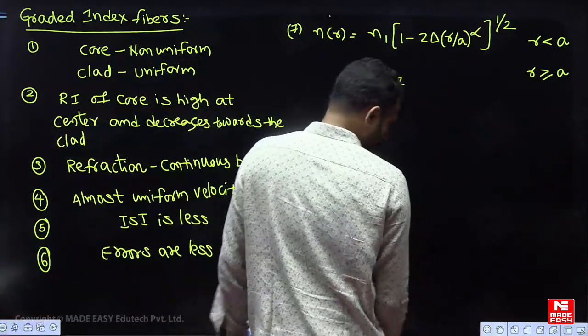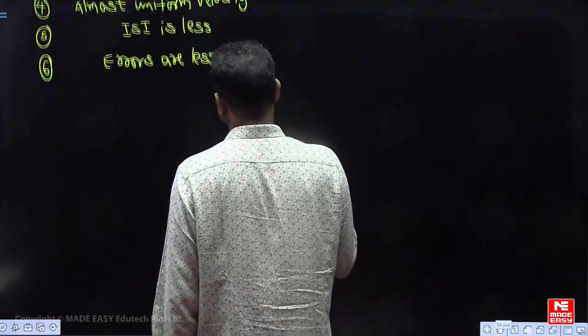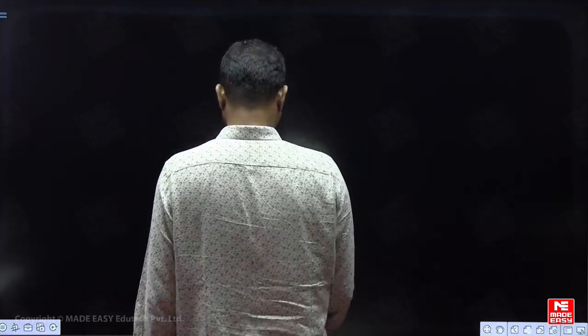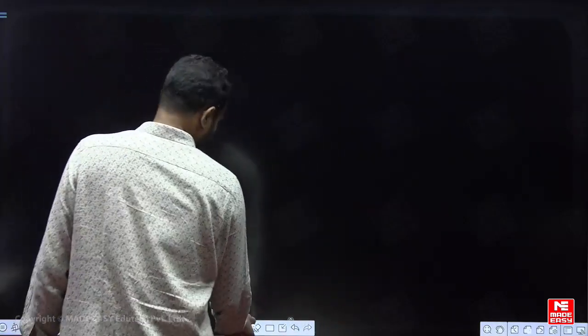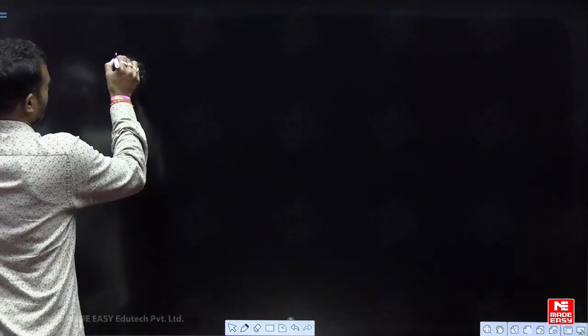See here, we are talking about the diagram. Please all of you observe this one. So, core refractive index, clad refractive index. This is the fiber.